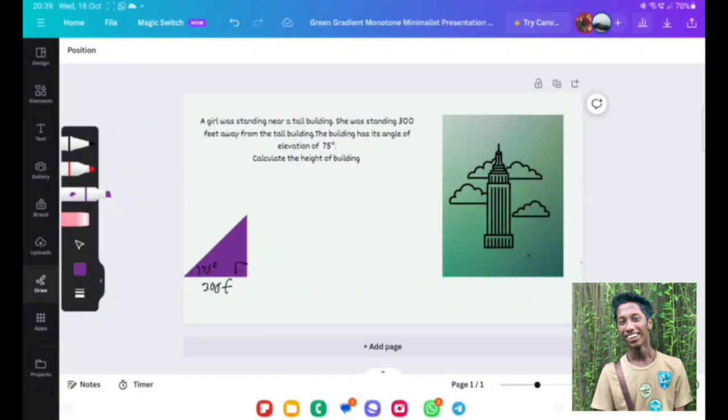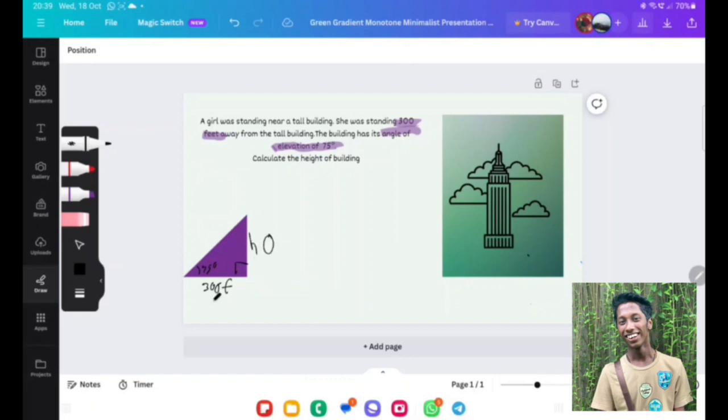So hi guys, today I'm going to show you how to solve this question. First, we must read the question and understand the question. Second, we should label the keywords. For example, standing 300 feet away, and also angle of elevation 75 degrees. Third, we must draw a right angle triangle to identify whether we must use tan, cos or sine. For this question, we need to find the height.